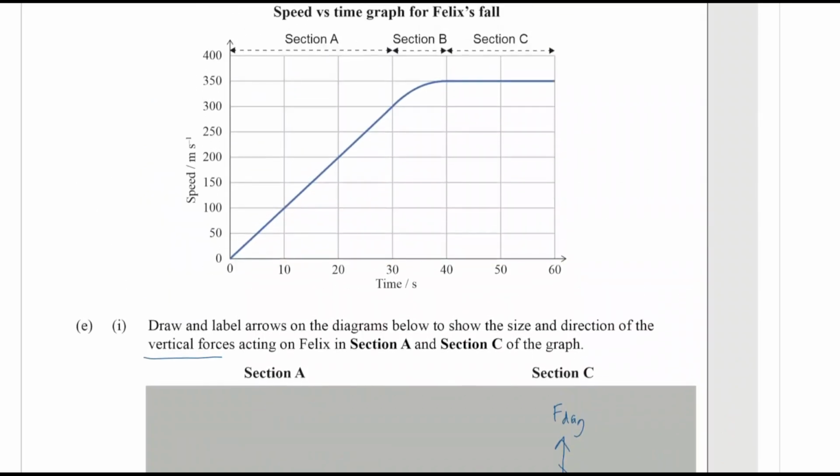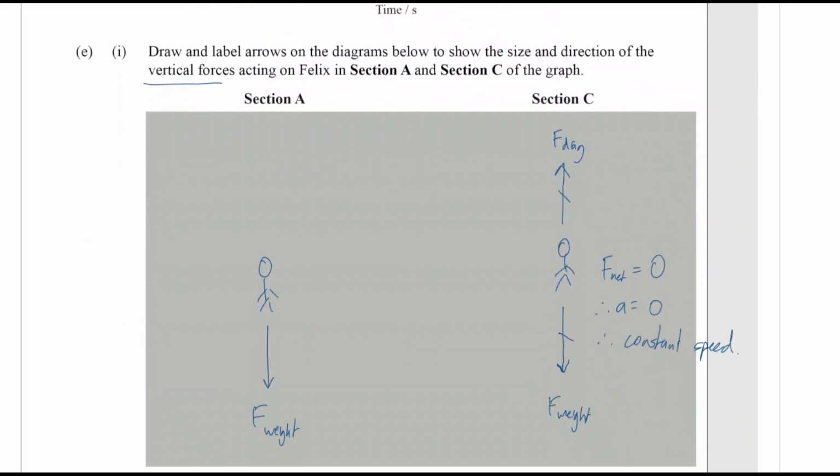However, in section A, we said he was accelerating. So to accelerate, the net force can't be equal to 0, right? If it was, he'd be at a constant speed. So therefore, acceleration is non-zero. He is accelerating. And he's accelerating downwards.